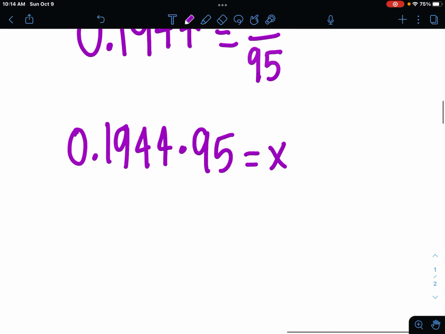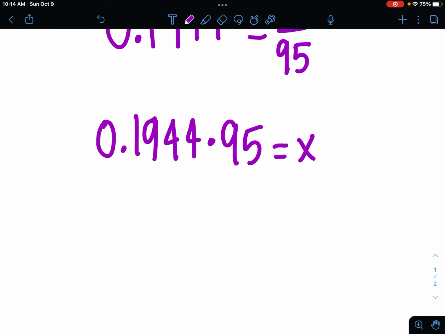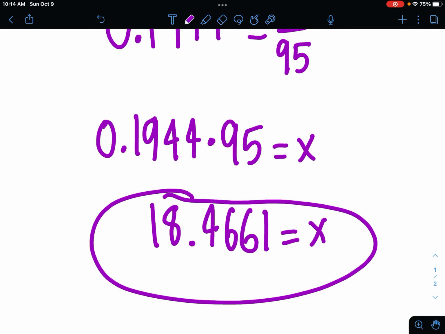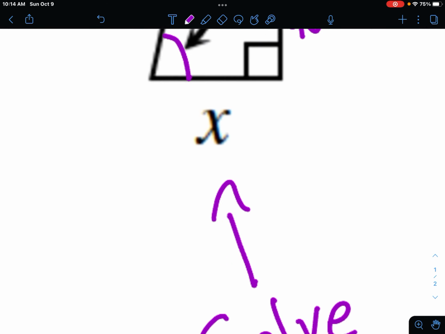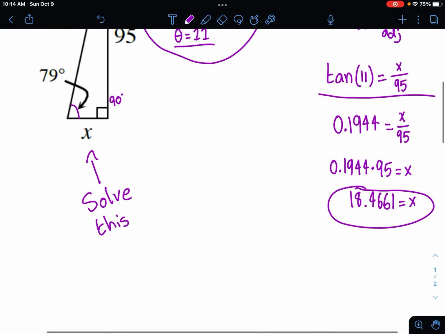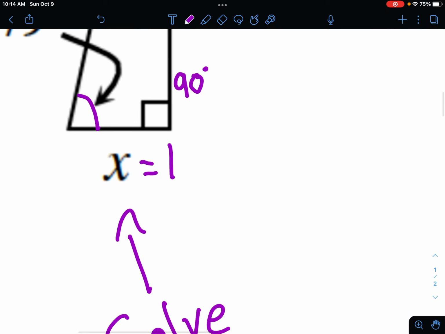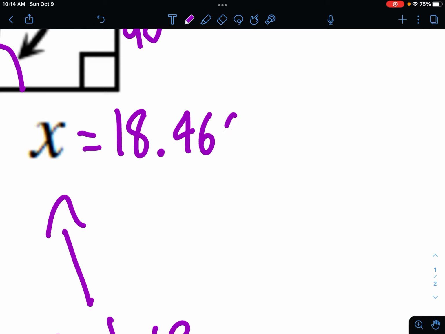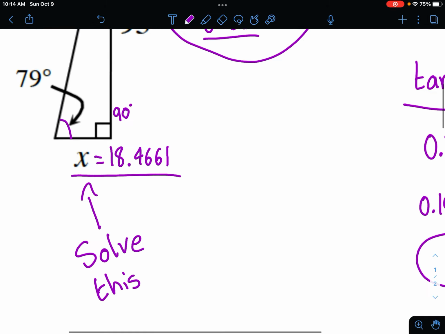So let's multiply by 95 to get our answer: 18.4661 equal to x. So this, my friends, is the answer to this side length. So x is equal to 18.4661. Thank you for watching.